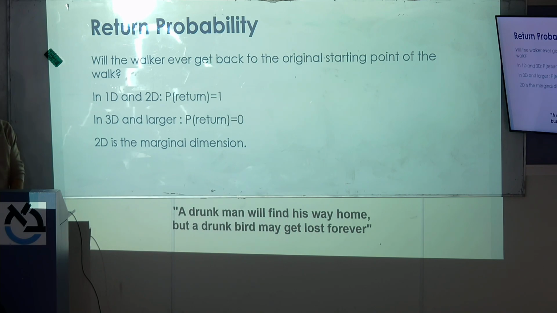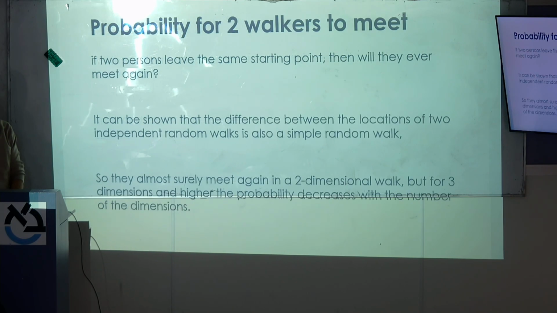I want to mention one last interesting thing. Take two random walkers starting from the same starting point. What is the probability for them to meet again?